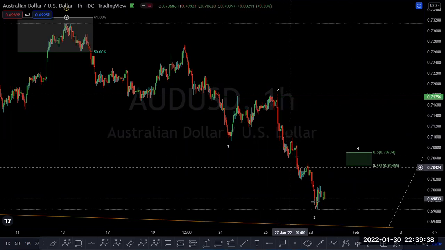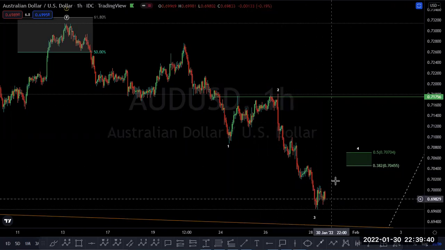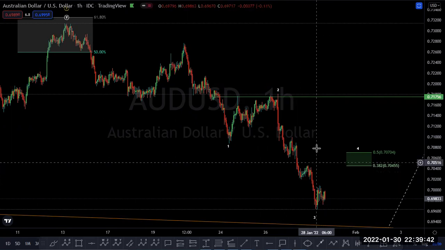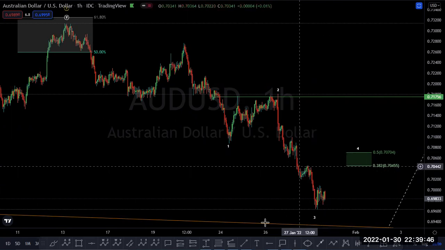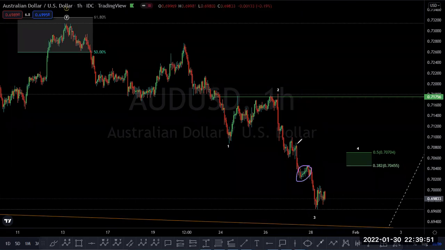This is an impulse, and after this, you get a correction. Though we can miss it if the correction that will happen here ends like this, just a pullback, I will likely miss it. Because entering, assuming that it will end like this, is not a good idea. You can assume it will be like this, then you enter a trade here, and it will just give us this.